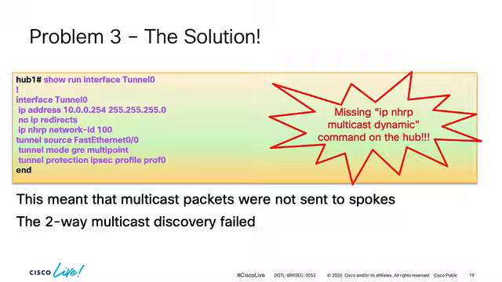It was as simple as configuring the ip nhrp multicast dynamic command on the tunnel interface. So it's very important, if you are running a routing protocol on your DMVPN setup, to make sure that you enable NHRP multicast on both the hub and the spoke.